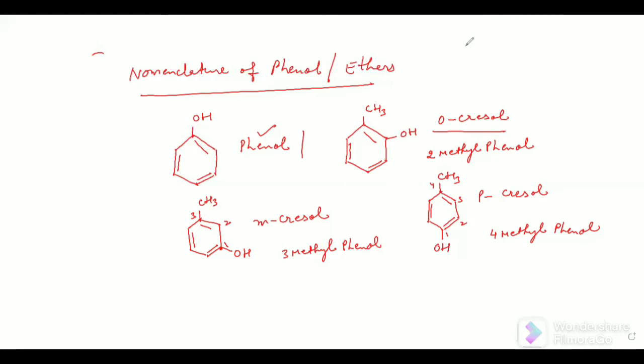If there is one hydroxyl group, that is how it goes. Now if in a benzene ring there are two OH groups, how are we going to do the naming? We are discussing one example. So these are two hydroxyl groups on consecutive carbons.